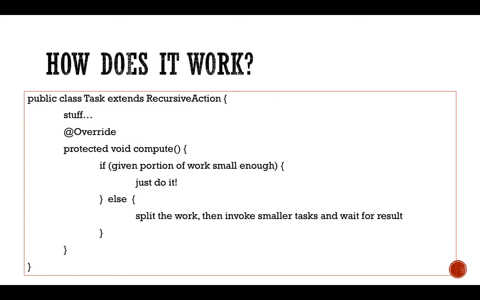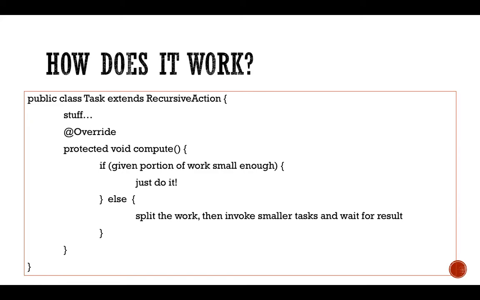The most important part is to implement the abstract method called compute. In this instance, we're using recursive action, which means we're not returning anything, thus making the compute method a void function.